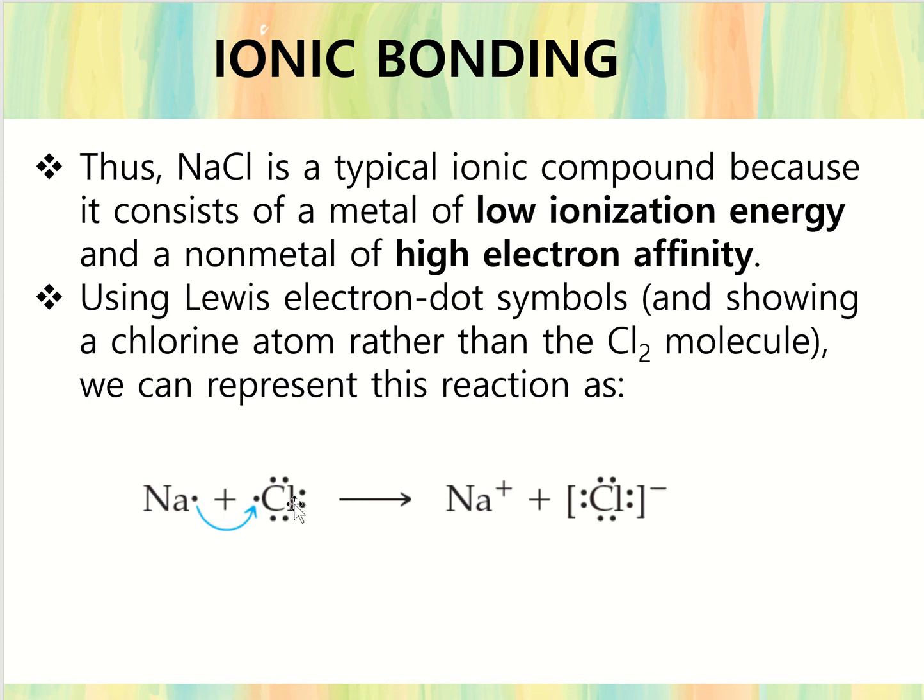But for the purposes of explaining ionic bonding, we're just showing the elemental chlorine and not the molecular chlorine. It will gain an electron and therefore become negatively charged, and of course the sodium, as we mentioned, can lose an electron and so become positively charged.